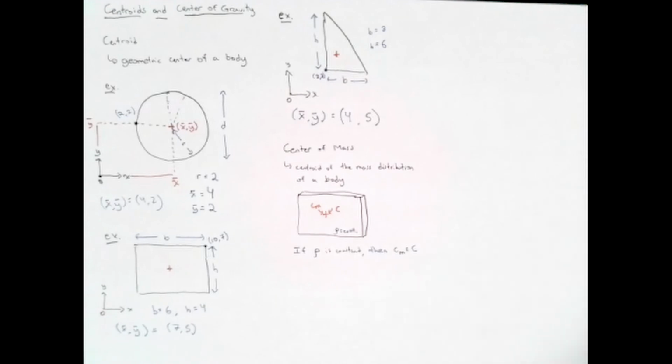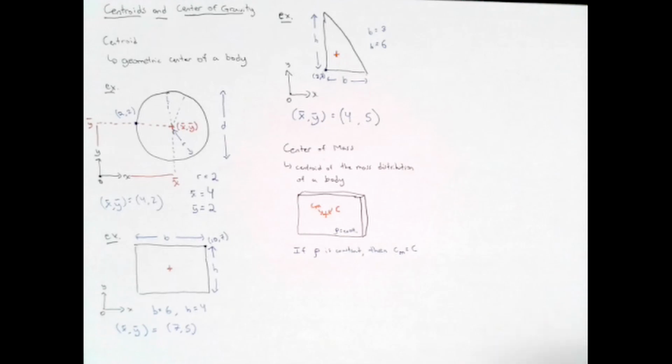However, if the density of a body is not constant, then the center of mass and the centroid will not be in the same location. So you may have realized that different materials have different densities, which means that when we combine different materials in a body, we're going to have different distributions of mass throughout the body.